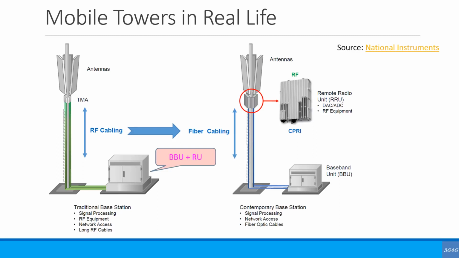With the high data rates of 3G and 4G, the access network model changed to having a BBU in the cabinet and the RRU up on the tower. The RRU is just the hardware, whereas the BBU is hardware and software.